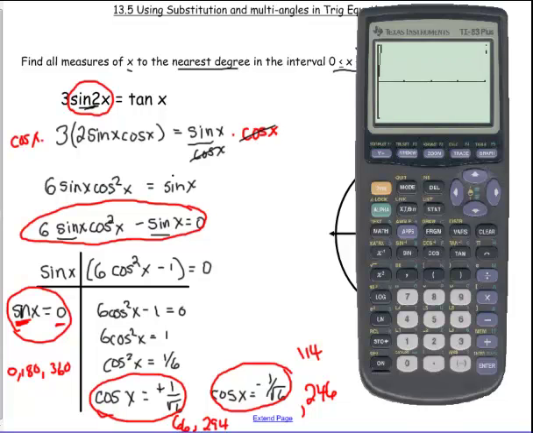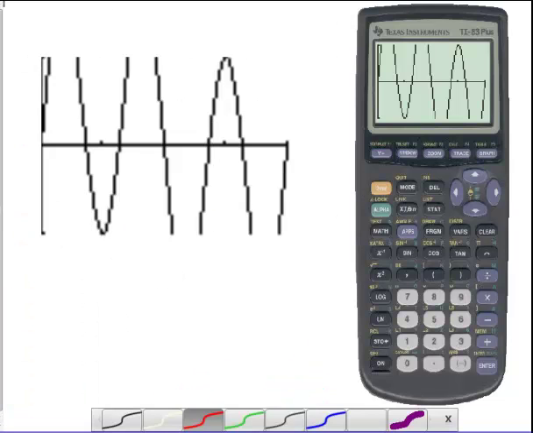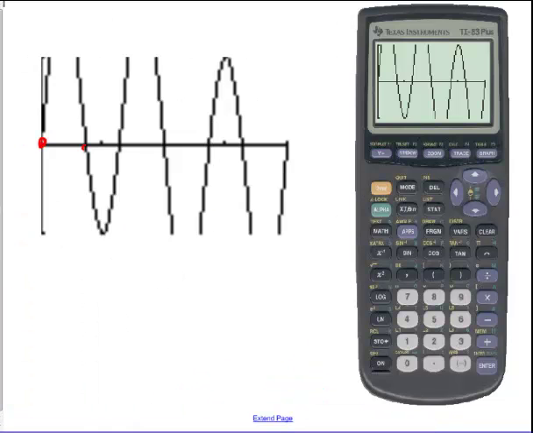If I graph it, I'm going to get a really wild looking graph. But as you can see, if I take a screenshot of this, this graph crosses 1, 2, 3, 4, 5, 6, 7 times. That's why I got 7.